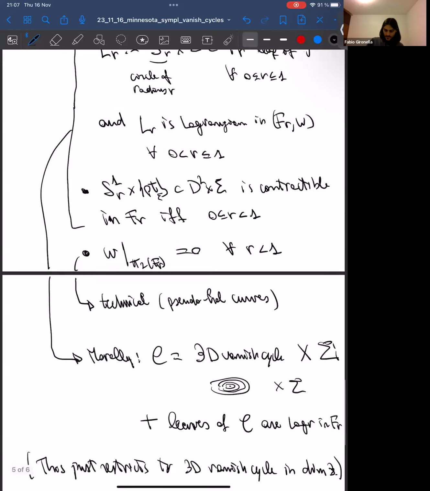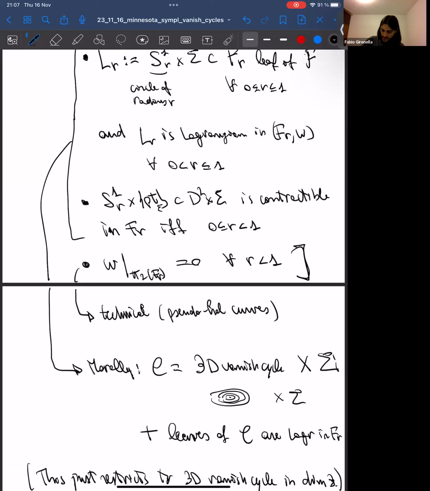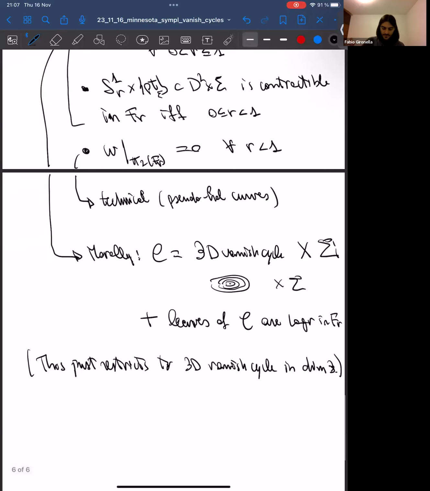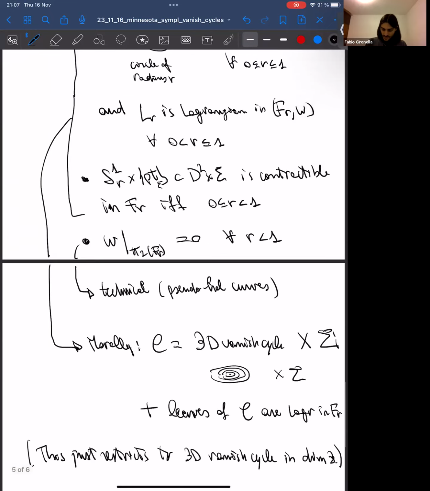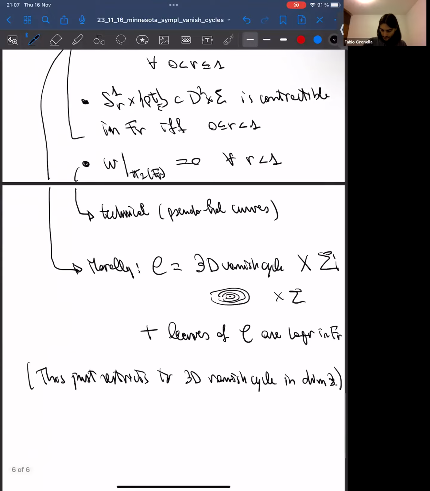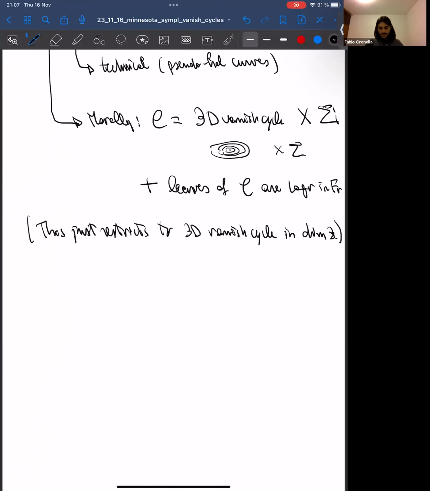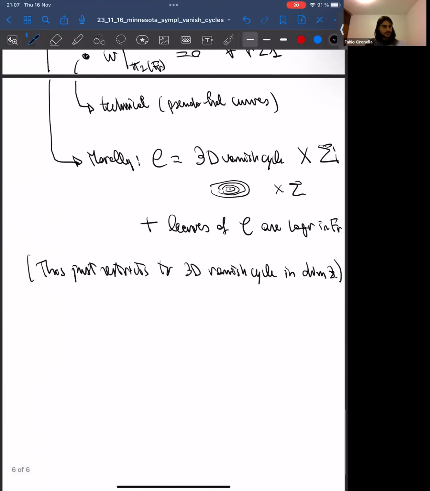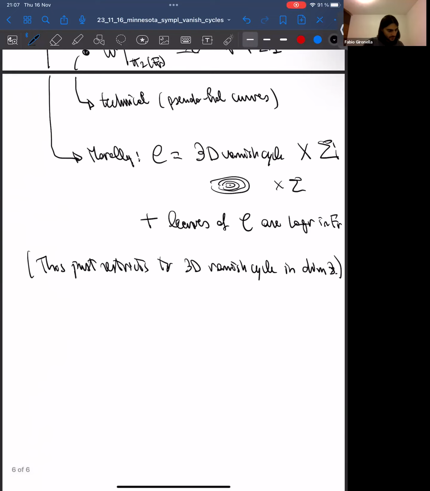Even the technical condition is not really important, because in dimension 3 leaves are aspherical unless they are spheres, and if they are spheres, then you know very well what the foliation is. So this is really a definition which generalizes the three-dimensional vanishing cycle. Are there questions about this? Okay, then let me go into the proof of the statement.